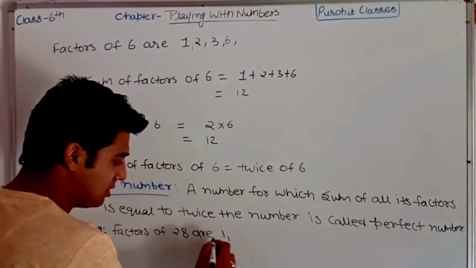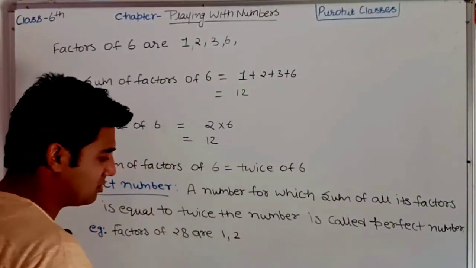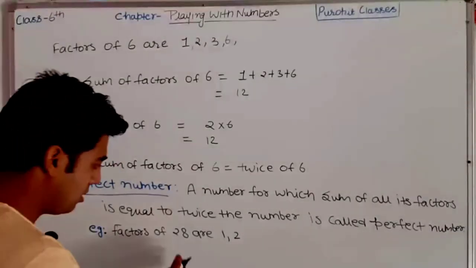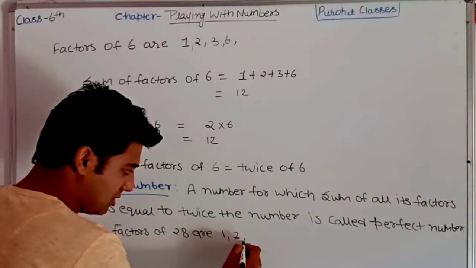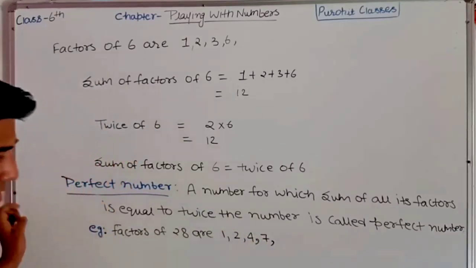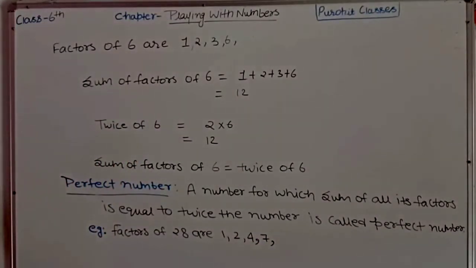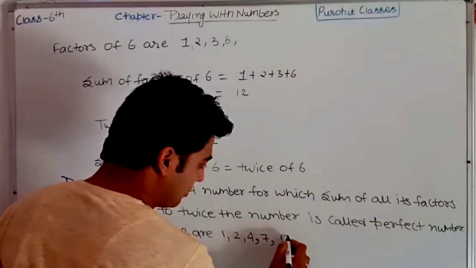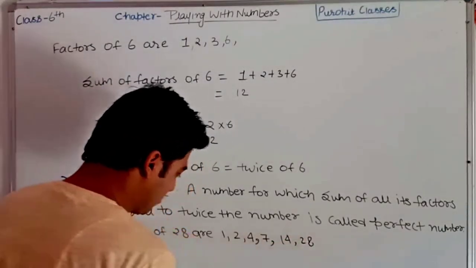It is also divisible by 2. You have understood about divisibility. 3 is not there, then 4, 7, then 14, and the last one is the number itself, that is 28.